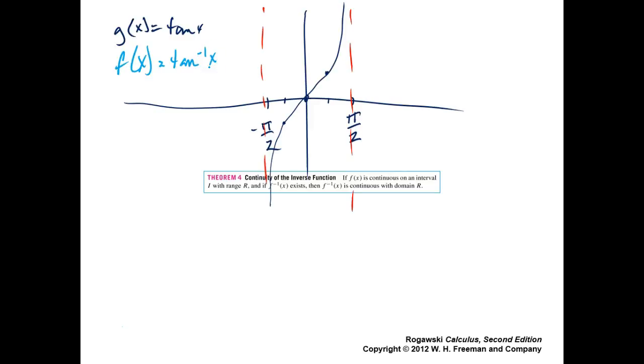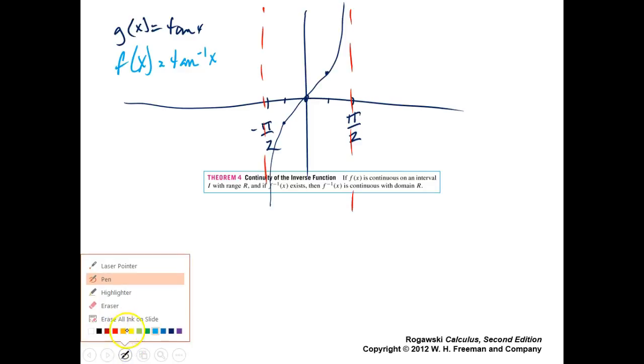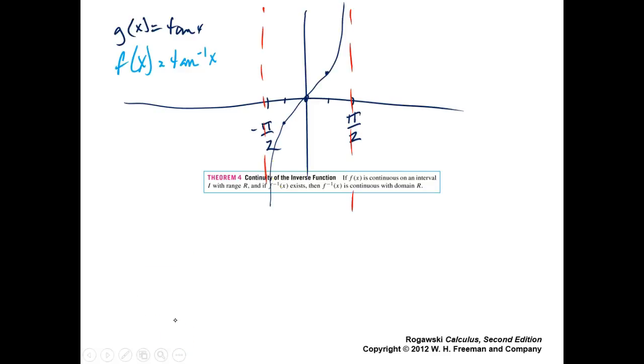Okay, now, one of the easiest things to do, and by the way, I probably should have done this too. Let me go back and do this. The domain of g would be negative pi halves less than x, not less than or equal to, and that's less than pi halves.